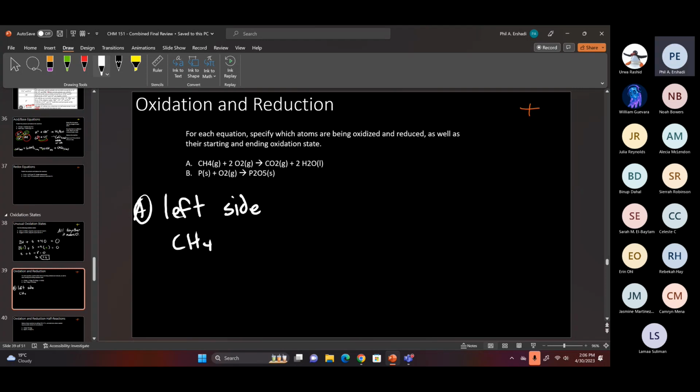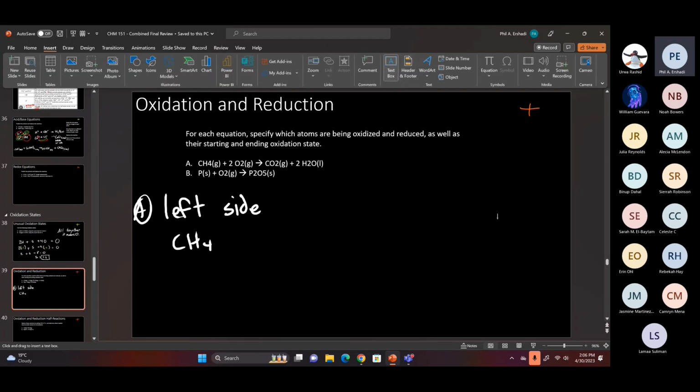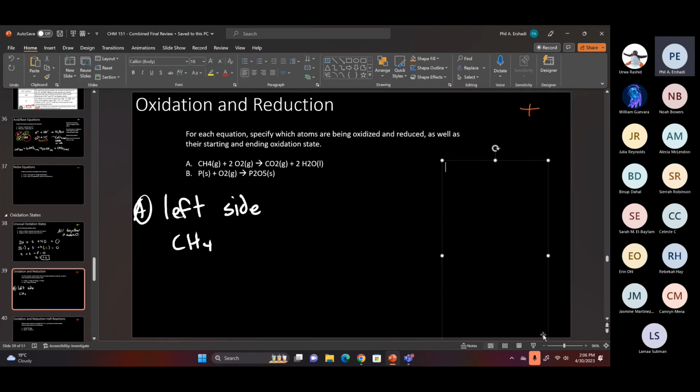Now, usually what we're going to do is we're going to assume, I'm going to get a text box here to write this down because that's important, that H is +1 and assume that oxygen is -2, except for in some specific cases. I haven't seen any of those come up in your class.